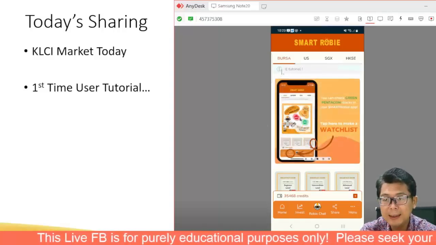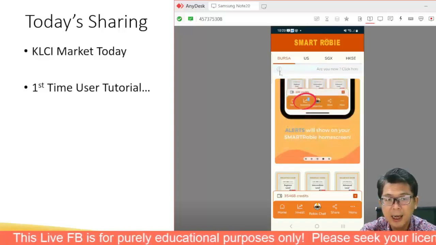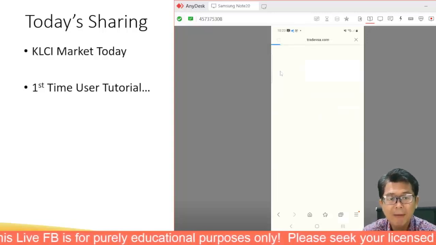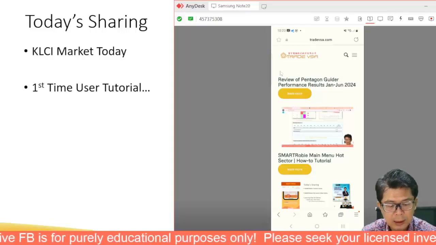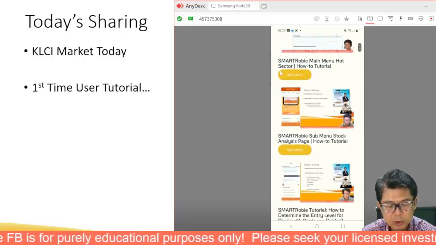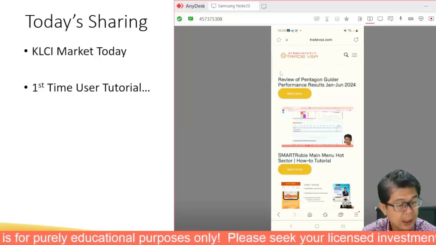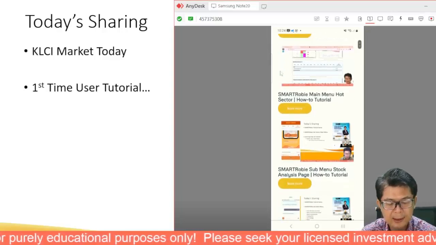Now if you look on top here, there's an I here, right? So if you're a first time user, you want to click on this I here. This will show you whatever we have on the available tutorials on YouTube about the performance in January to June. Now the performance of Pentagon Guide, we just published on our website. This was just a tutorial that I did.